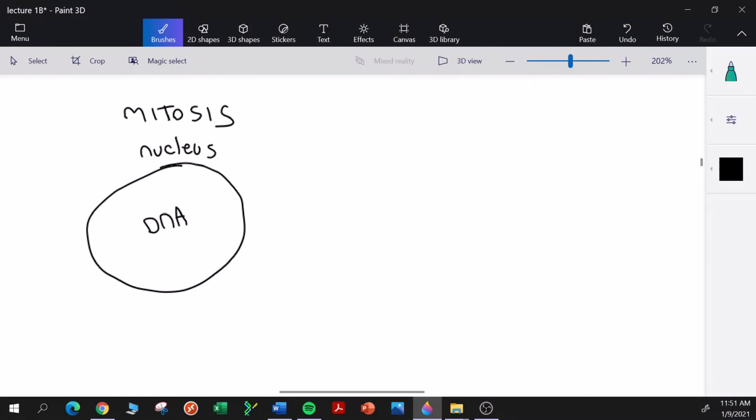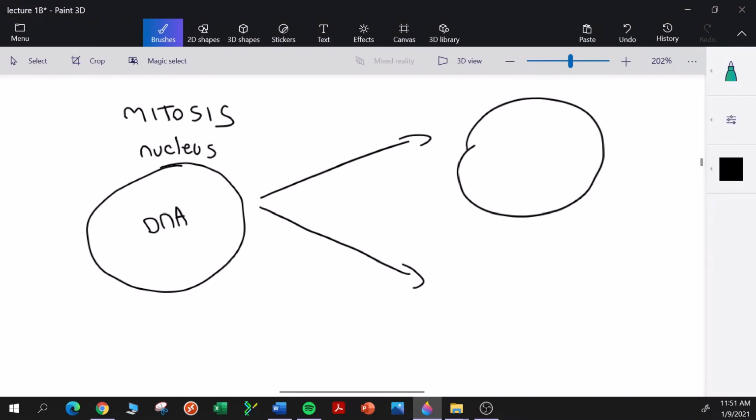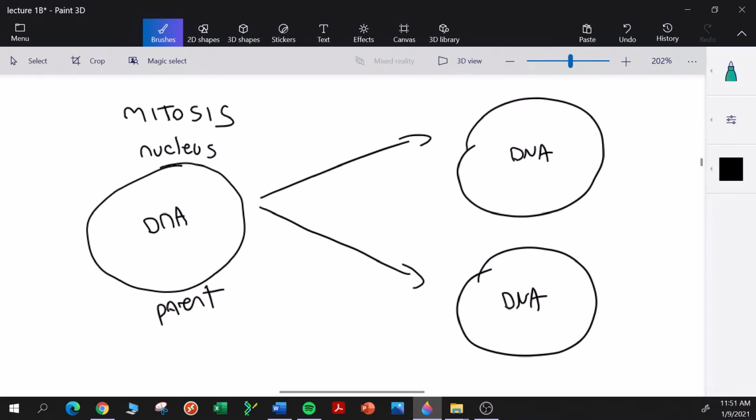It's the job of mitosis to take that nucleus and make two genetically identical nuclei. Sometimes we call these daughter nuclei, and we'll call this one over here the parent nucleus. The goal of mitosis is to take that nucleus and make two genetically identical nuclei from it.